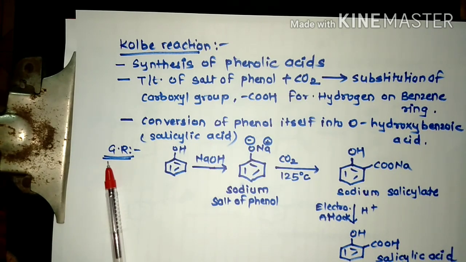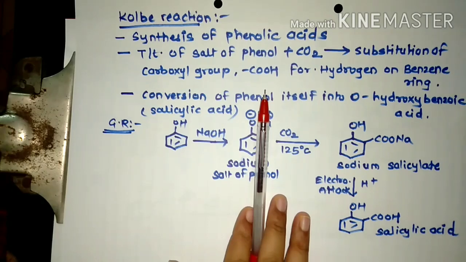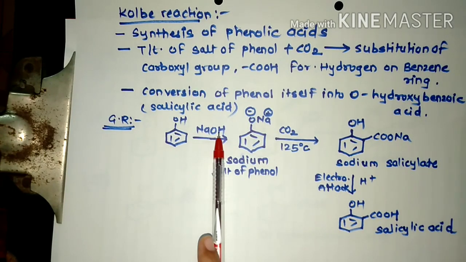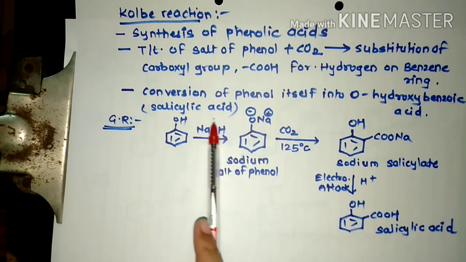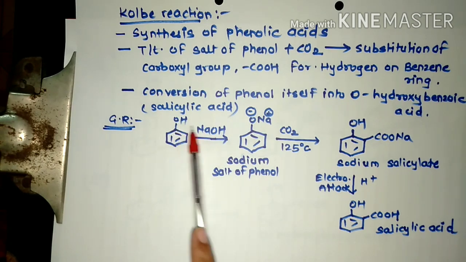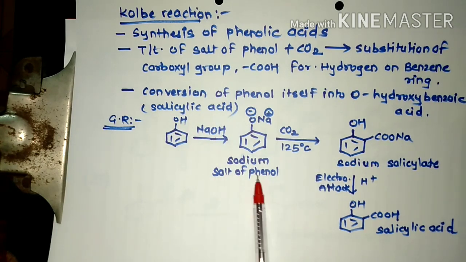The general reaction of this Kolbe synthesis is this phenol, in presence of strong base, which will form a sodium salt of phenol.